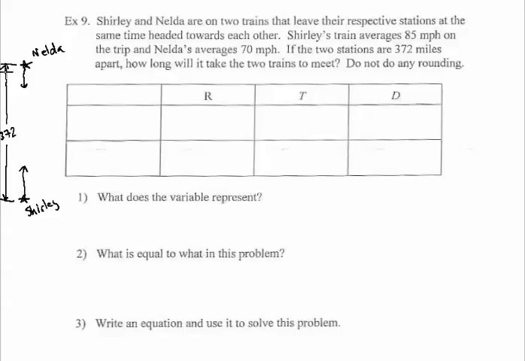And also at the same time, this 372 was proportional to the 85 and the 70. Then we could just simply double Shirley. Okay, this, for instance, this first arrow would just simply represent the first hour.